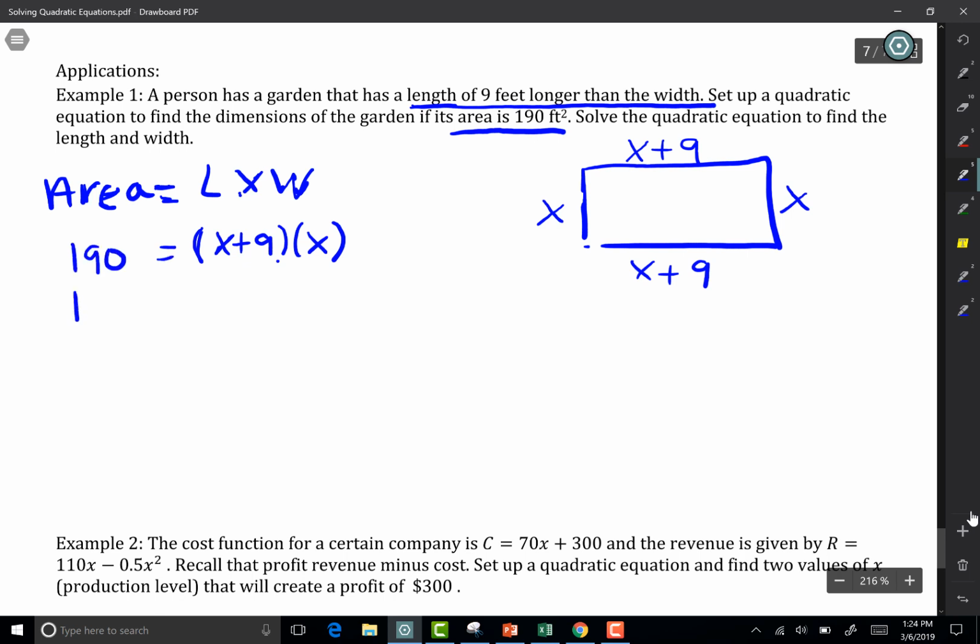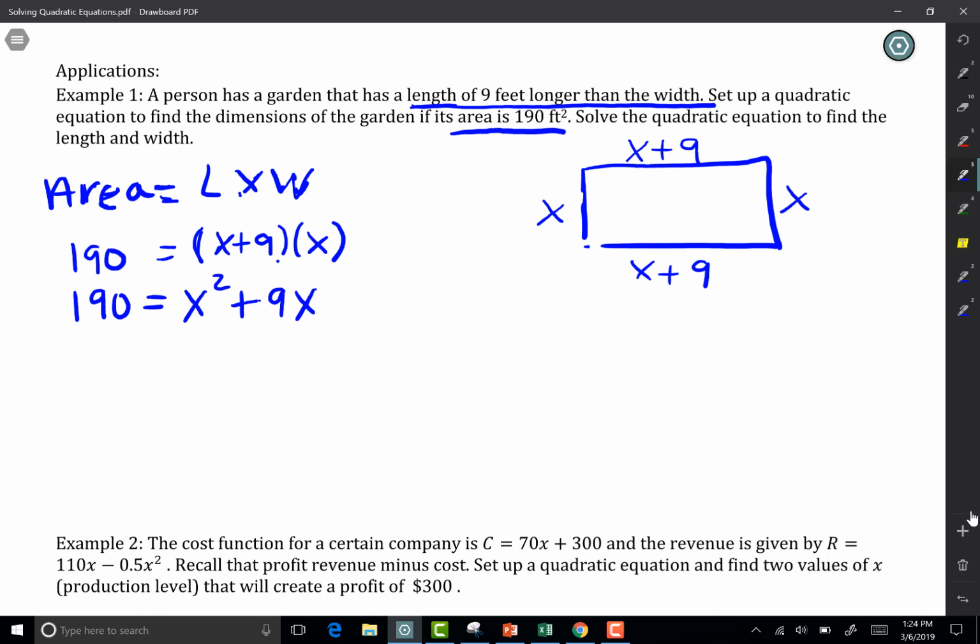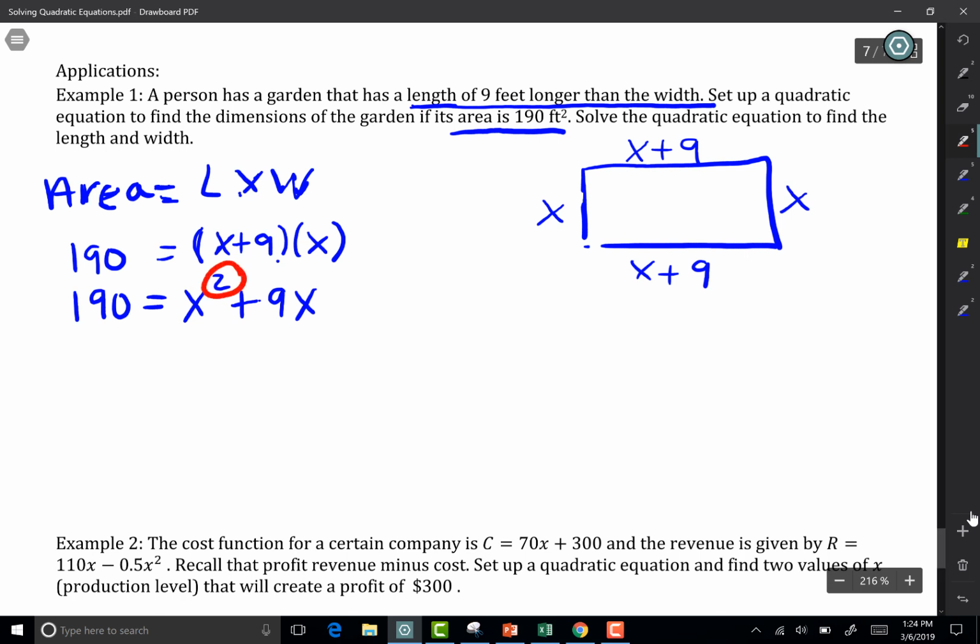So I'm going to multiply through and distribute, so I'm going to get x squared plus 9x equals 190. And now we have our quadratic equation. We're going to use one of our methods for solving quadratics to solve this equation. I know it's a quadratic because it's an x squared equation. My degree is 2.